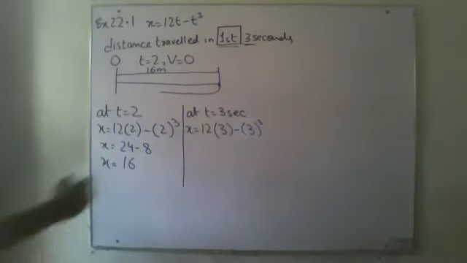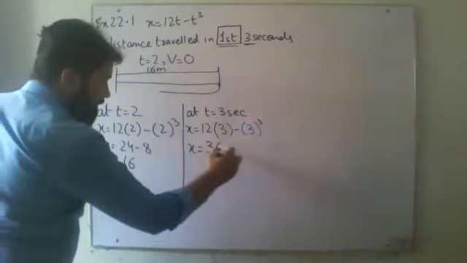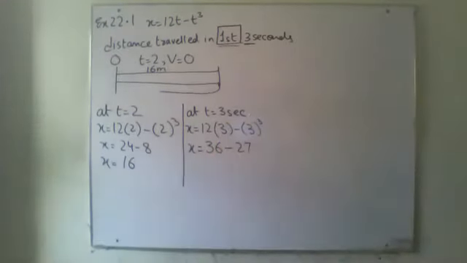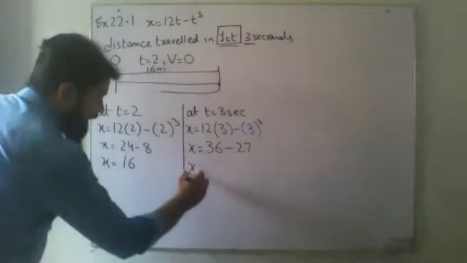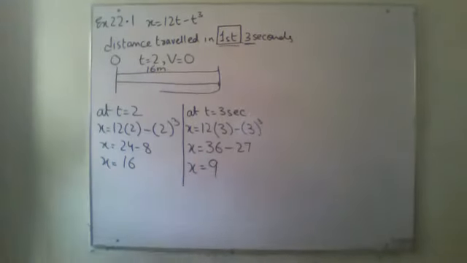Right? So x equals to 12, 3 is 36, minus 3 cube will be 27. Right, guys? Now, when I will simplify it, the value of x is coming 9. What is this distance?